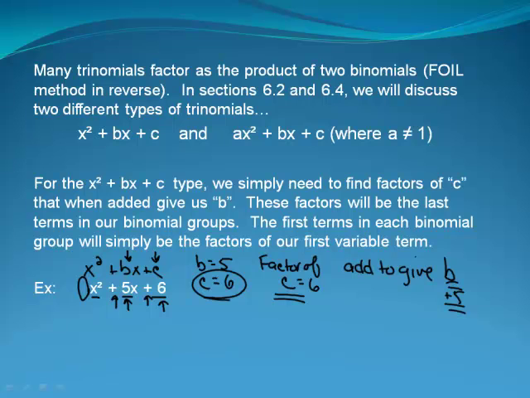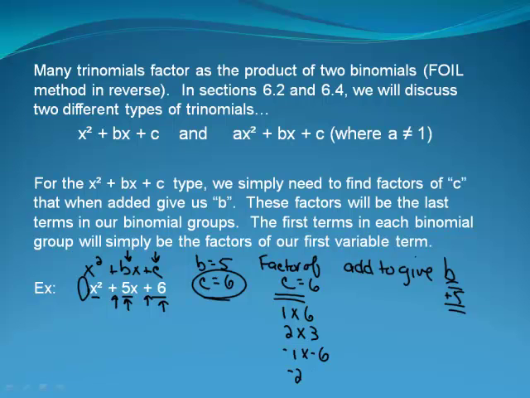Sign is important, and if you wanted to find all the possible factors of positive 6, one example would be positive 1 times positive 6. 1 times 6 is 6. Or positive 2 times positive 3. 2 times 3 is a positive 6. Or negative 1 times negative 6. Negative times negative is a positive.